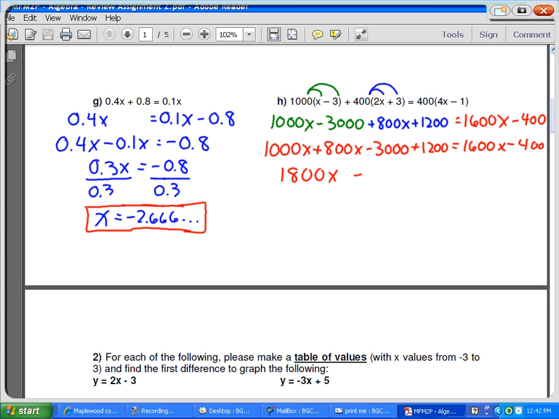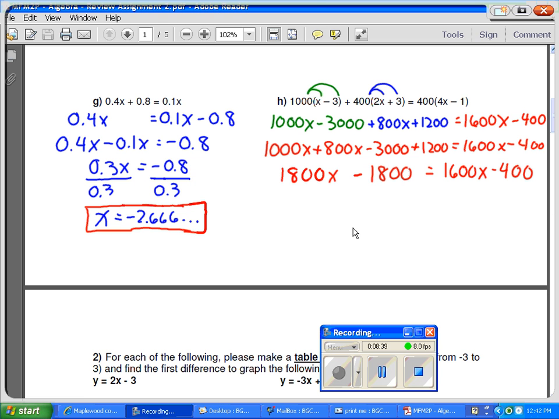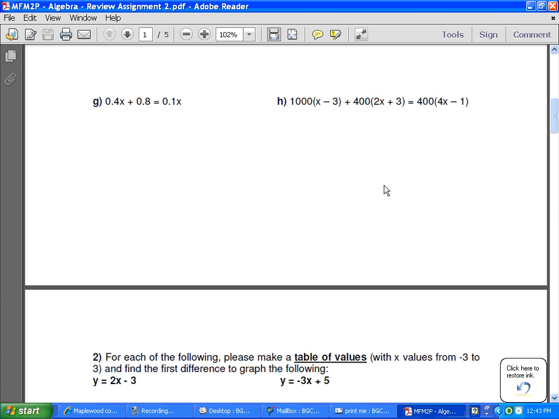Negative 1800. A little rough. I'm going to pause the video here. Okay.